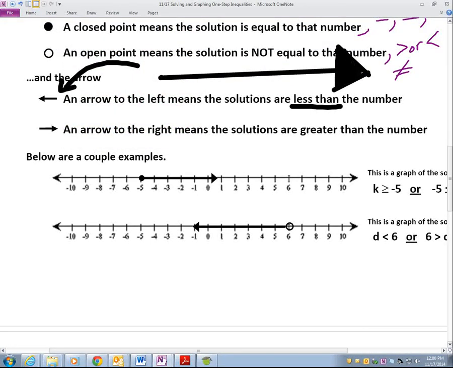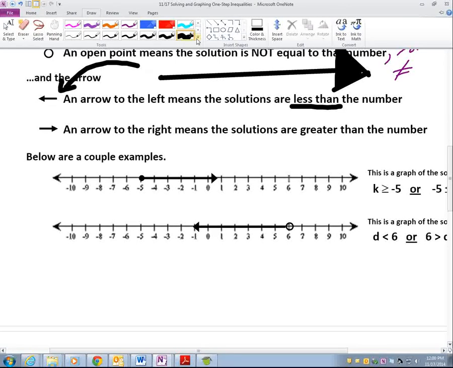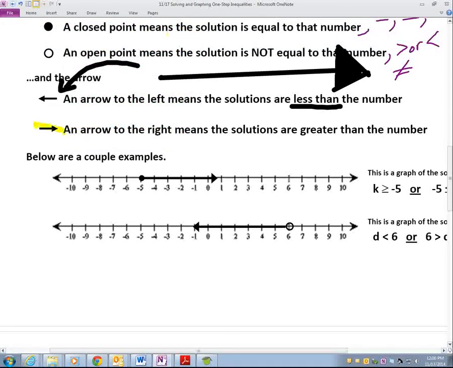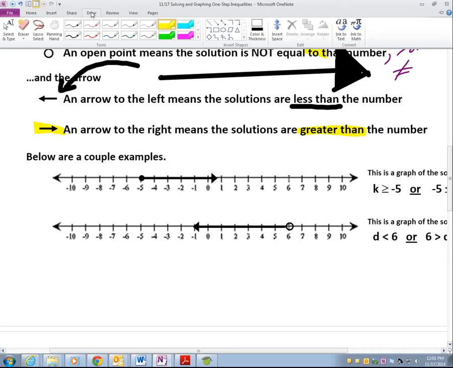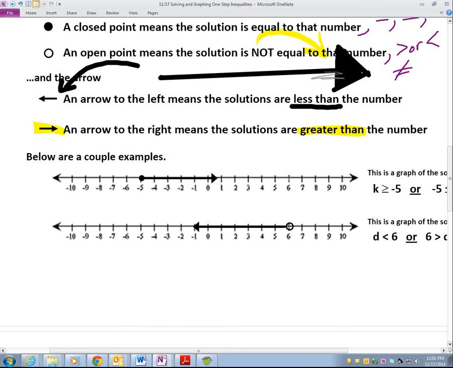As it demonstrates, an arrow to the right means greater than, and here is an arrow to the right. And the very edge of that arrow is also a greater than symbol.